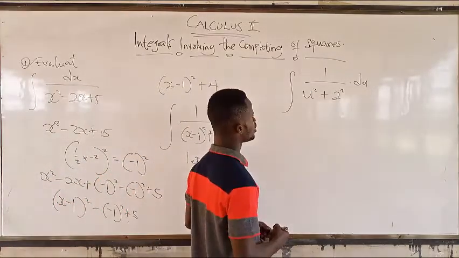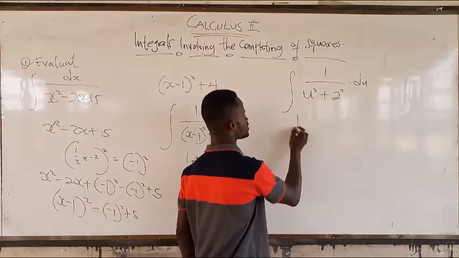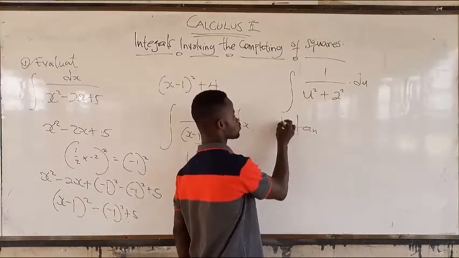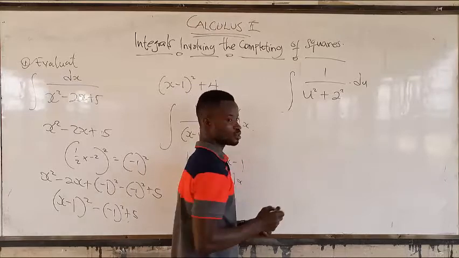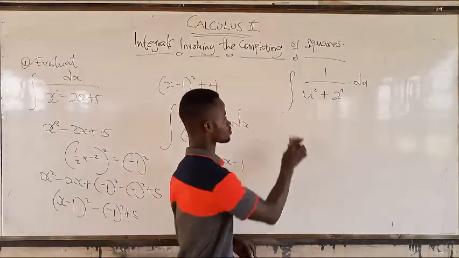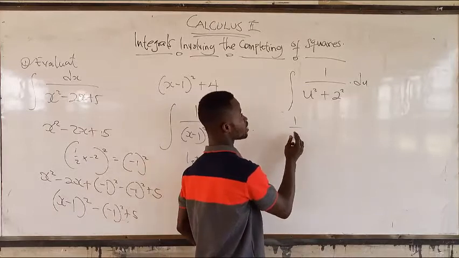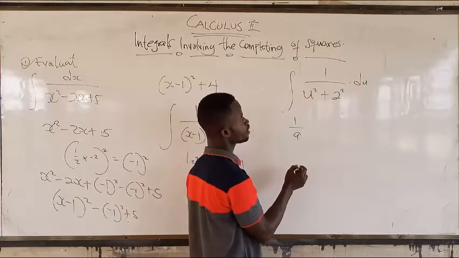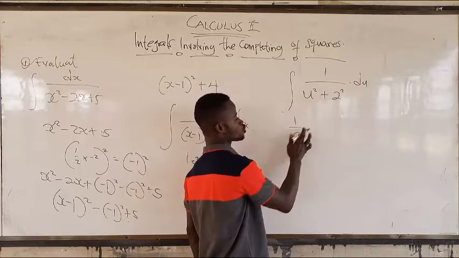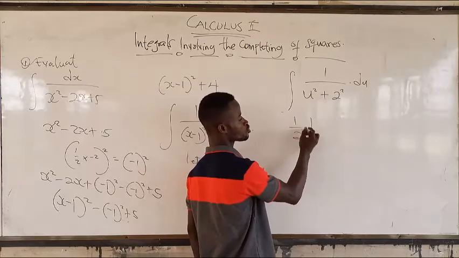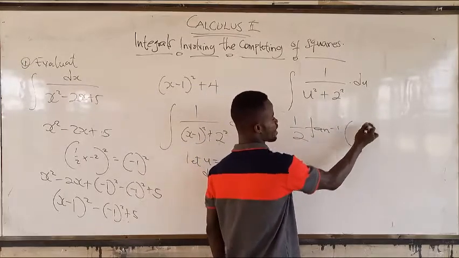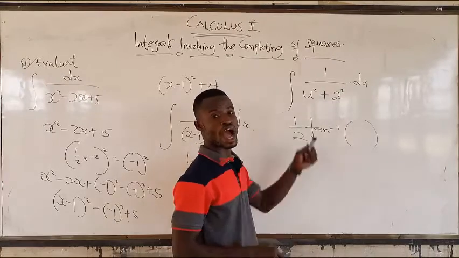Very good. So therefore we write, and don't forget it's 1 over, let me make that correction, 1 over a, and that a is 2. So 1 over 2 tan inverse of u over a.